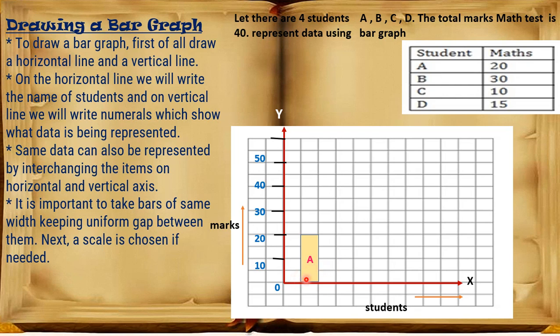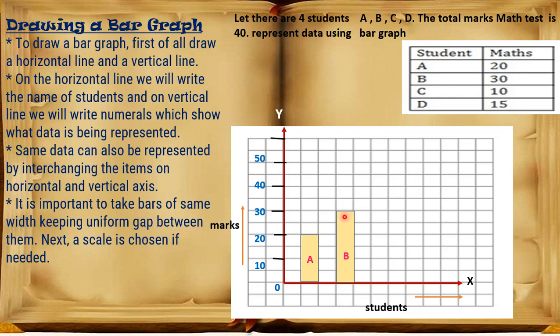Similarly, the distance we are taking from the y-axis for student A is 1 unit. The same 1 unit distance we take for student B, who scored 30 marks. So the bar goes up to the height 30 on the y-axis.